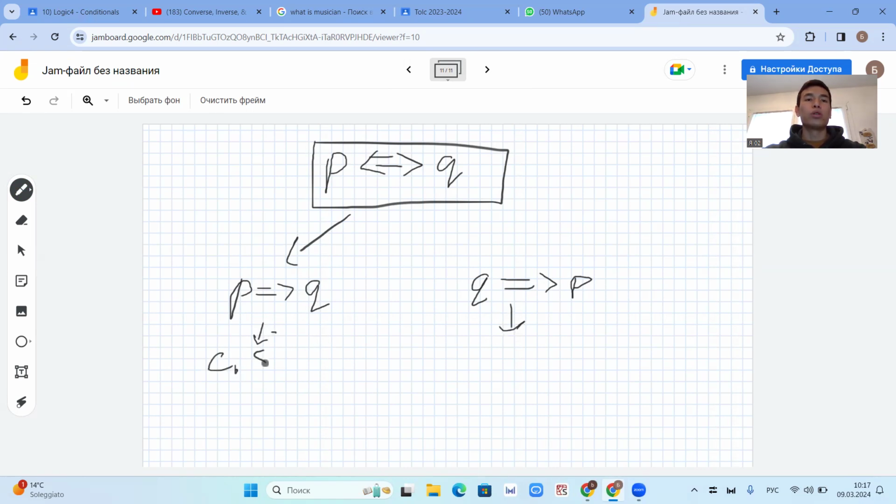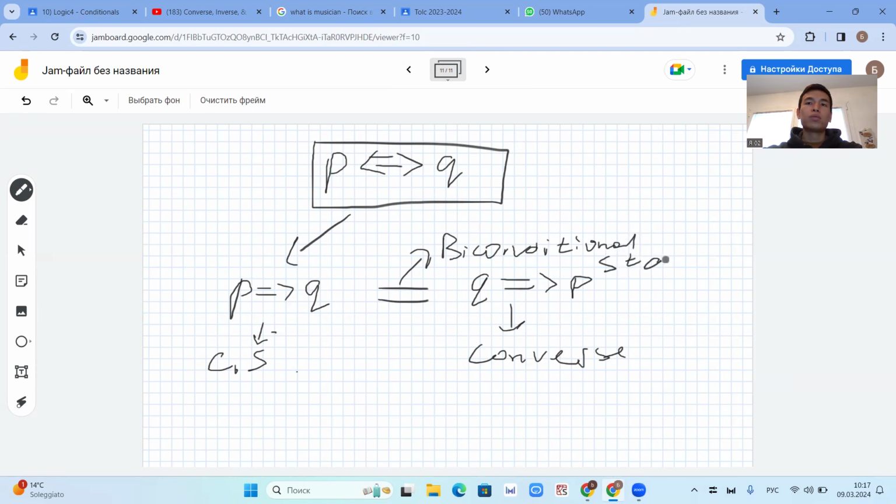In this case, it will be our biconditional statement.